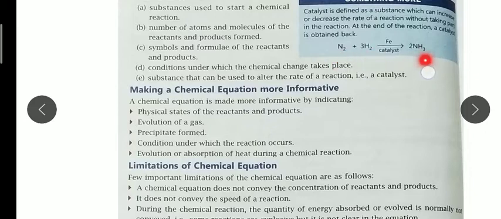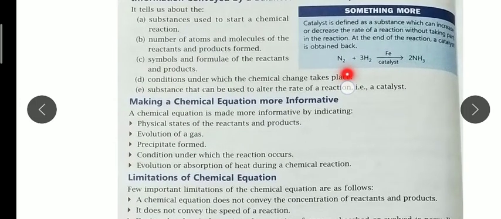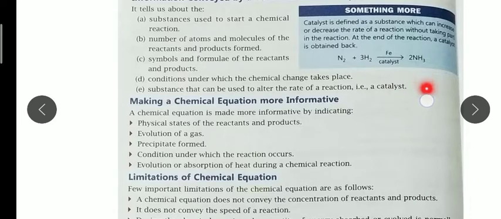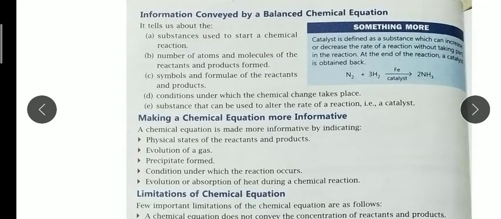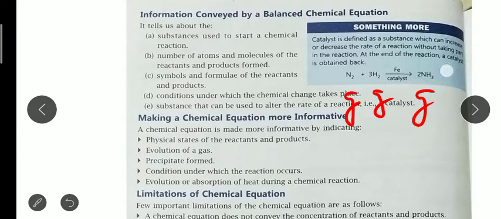So all three are gases. Below nitrogen, hydrogen and ammonia we can easily write small g, or in place of g we can put an upward arrow mark, like this. So we get the information that the nitrogen, hydrogen and ammonia, the reactants and the products, are gases.